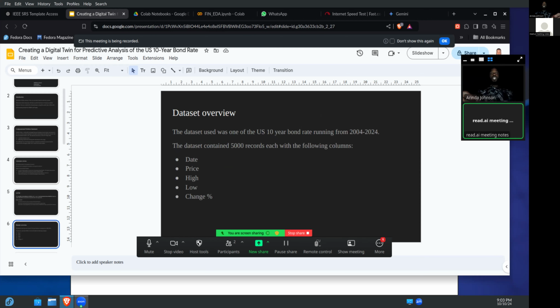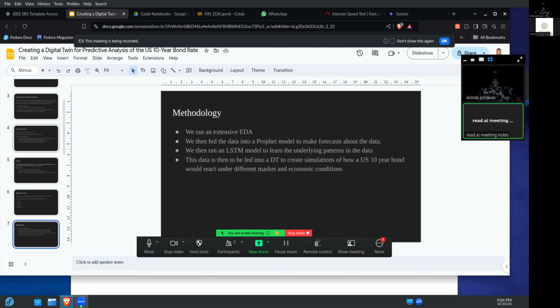The data set I used was the US 10-year bond rate running from 2004 to 2024. It had 5,000 records, and these were some of the features in the data. It was numerical data.